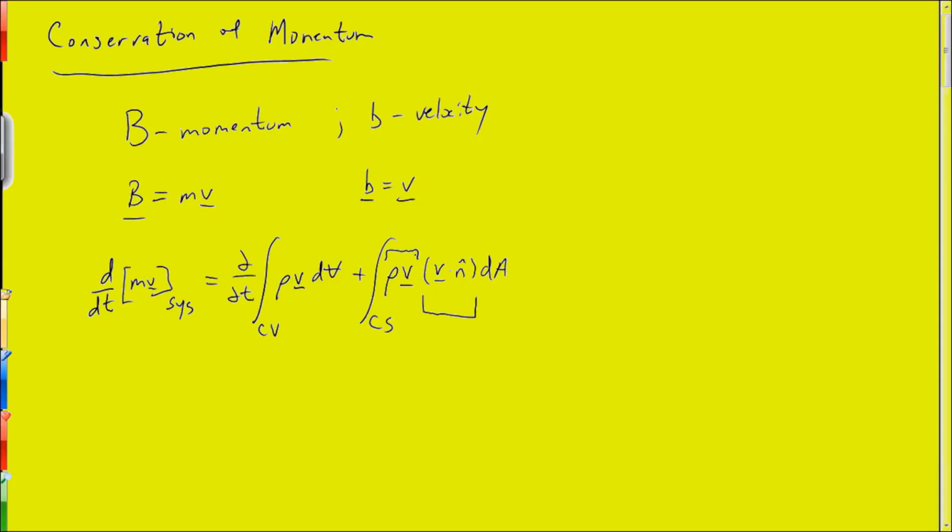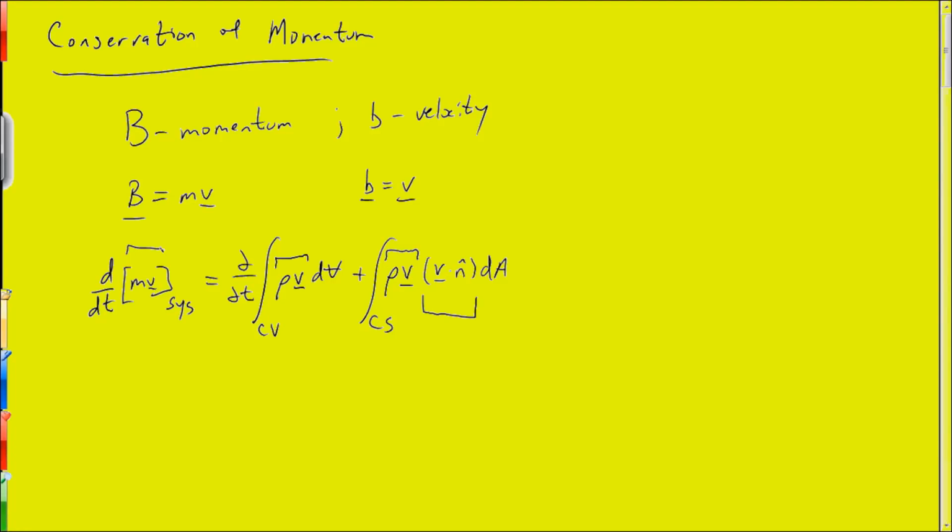And so when you integrate the momentum in any fluid particle times the rate at which it's crossing the control surface over that control surface, then you end up with the momentum that's carried in or out of the control surface, depending on the direction of the velocity. Here, this is pretty straightforward. We see that momentum shows up directly there, and the extensive property here on the left shows up here.